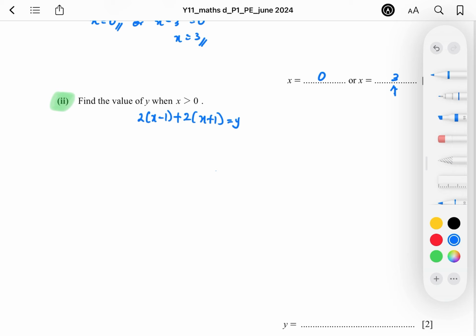It's up to you to expand this one. What we can do is substitute x equal to 3. That means 3 minus 1 is 2. 3 plus 1 is 4. That gives you 4 plus 8 equals y. That means your y equals 12.